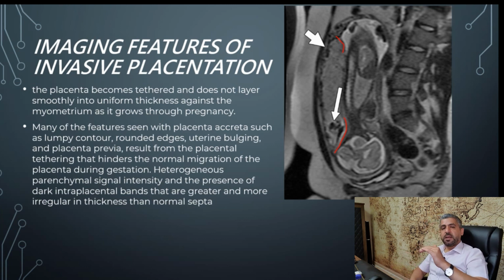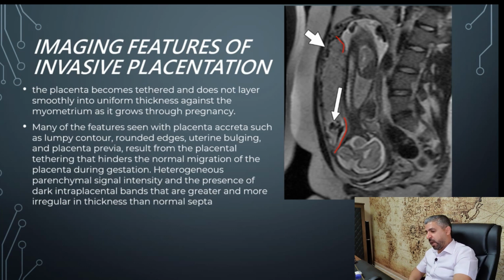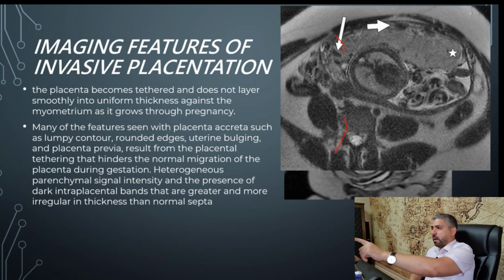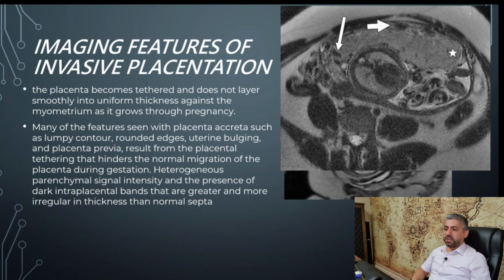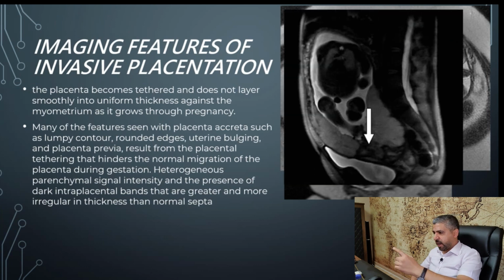Of course, this needs a little bit more practice. So basically, we look for any signs of bulging or rounded placental edges. We can see any heterogeneity, a presence of placenta previa, and we look for any prominent septations more than in the normal placenta. You can see again another example here.